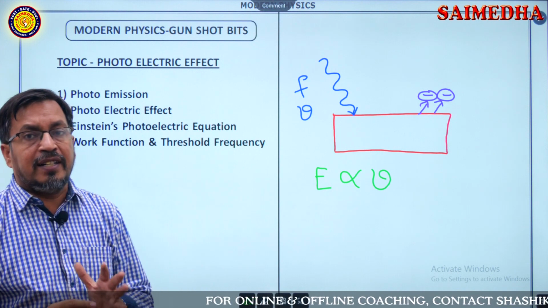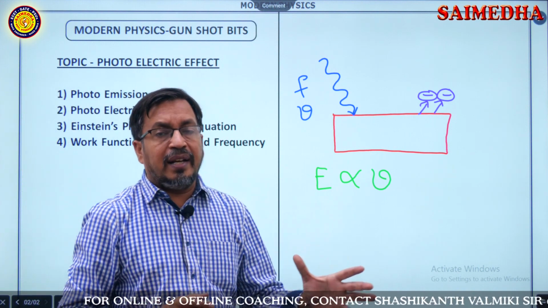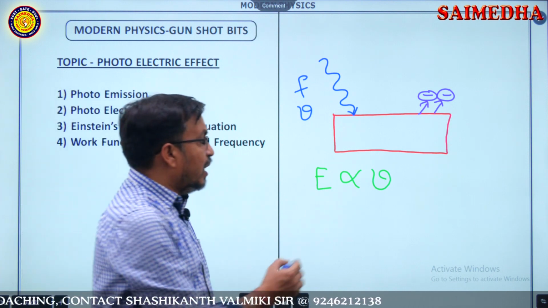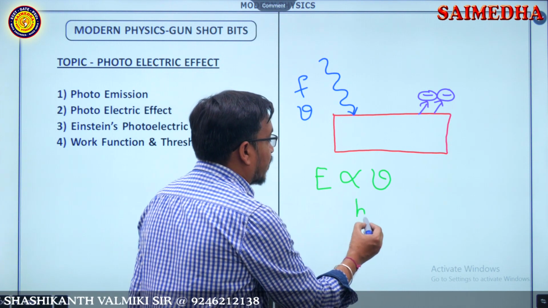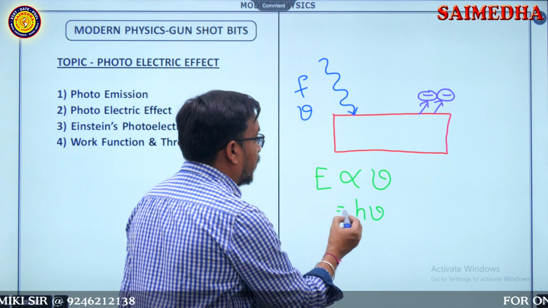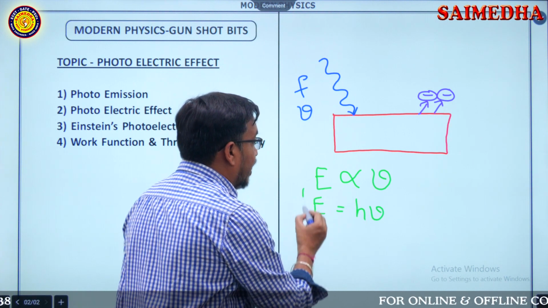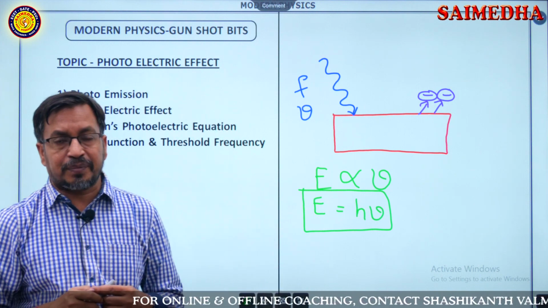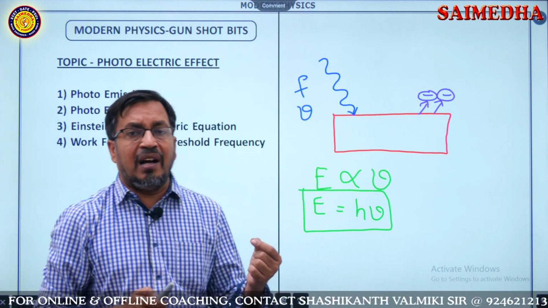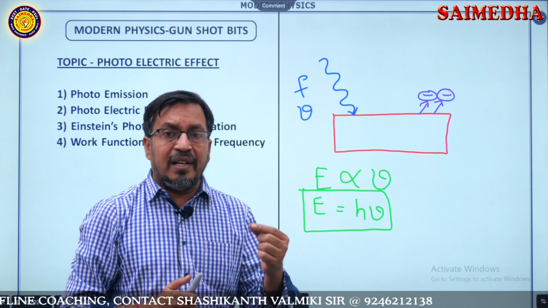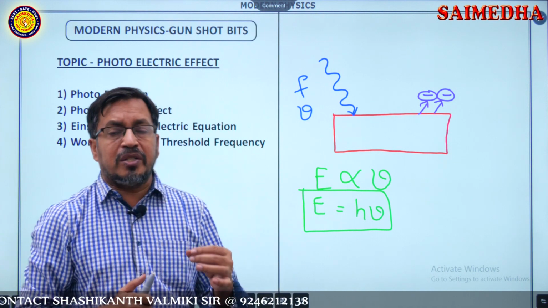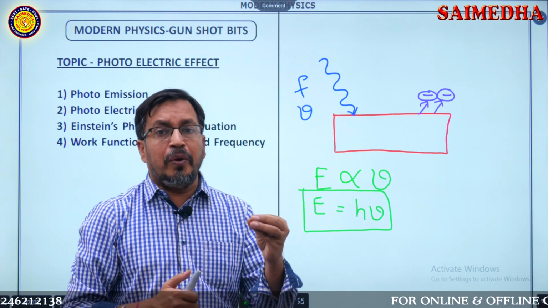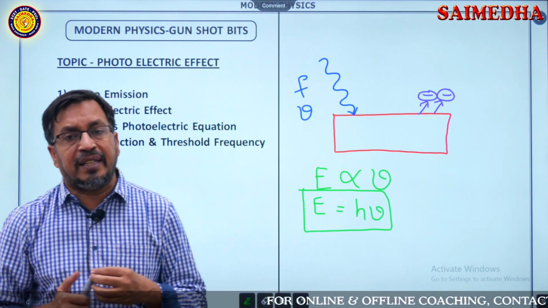Very, very important concept. From that, E equals h nu. This is the first formula, very, very important in solving numerical questions. What is E? Energy of incident light, energy of photon is equal to h nu. What is h? Planck's constant. Nu is the frequency of incident light.